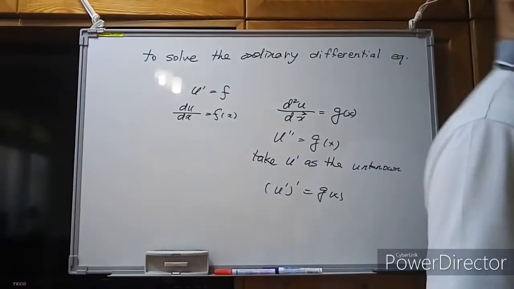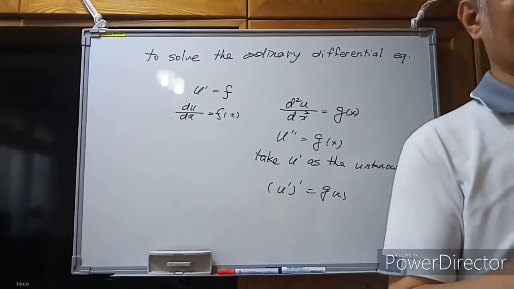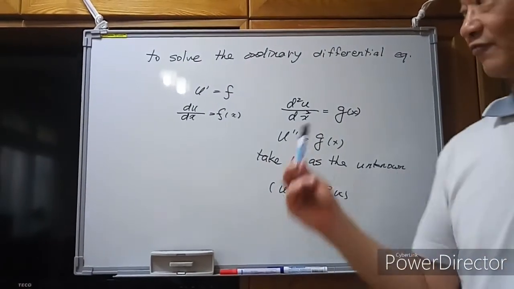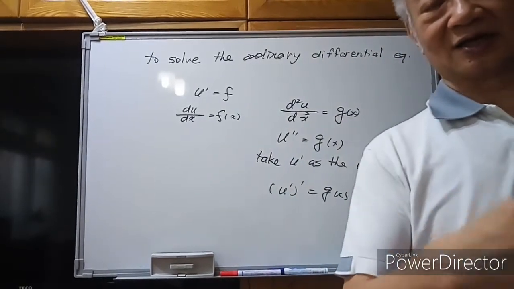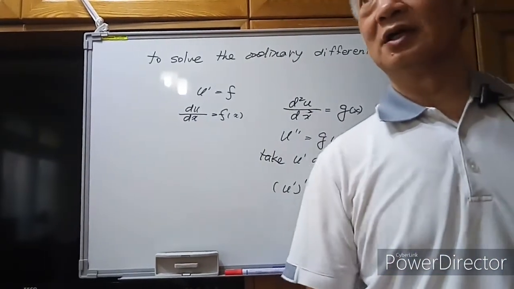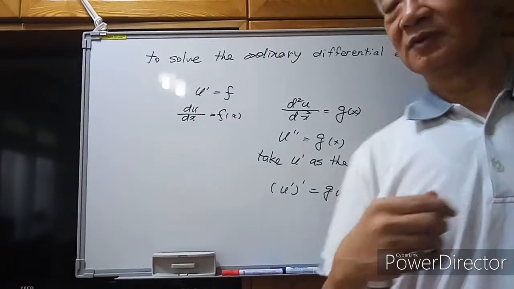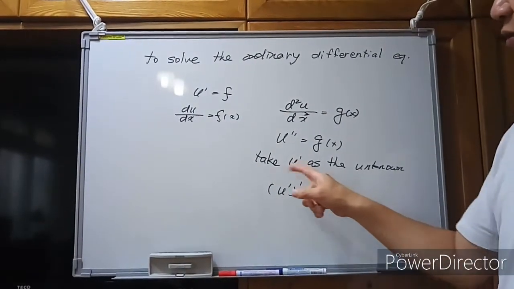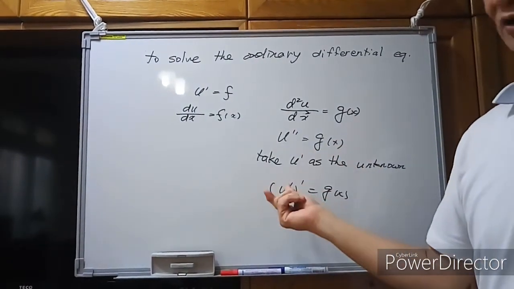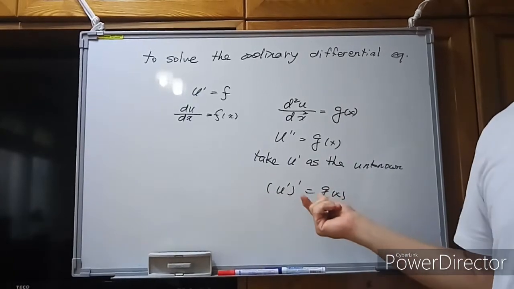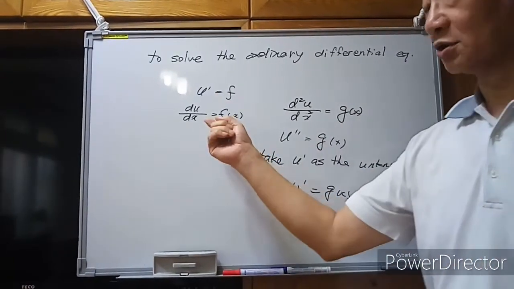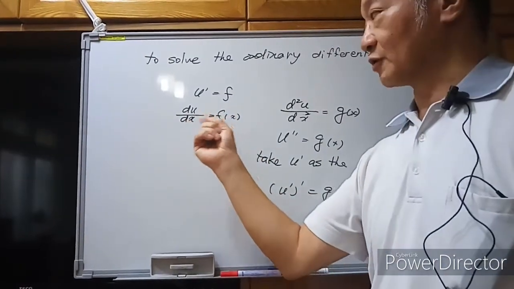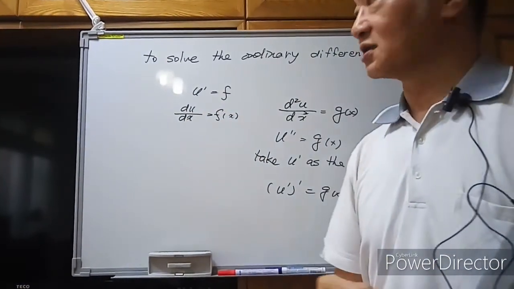You can change the basic unknown function. If we take u prime as the basic unknown function, then its first derivative is equal to g of x. Then it will be changed to a first order differential equation.